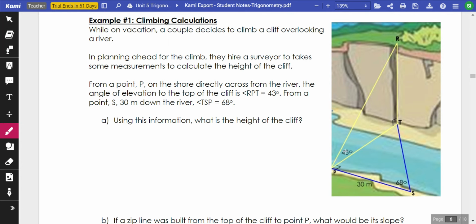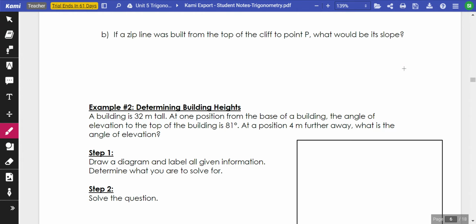Okay, so here's your angle of elevation to the top of the cliff. And from a point S over here, 30 meters down the river, the angle of elevation, or the angle to point T, is 68 degrees. So we have this information. Now using it, let's find the height of the cliff. And the height of the cliff, I'm going to call H.